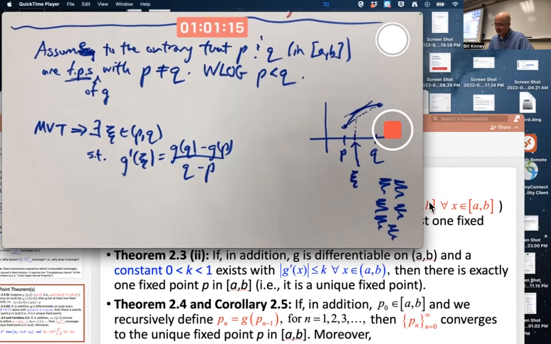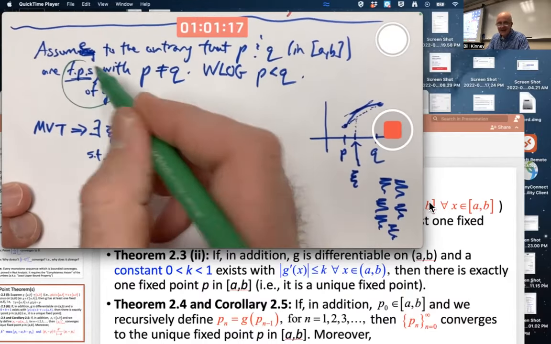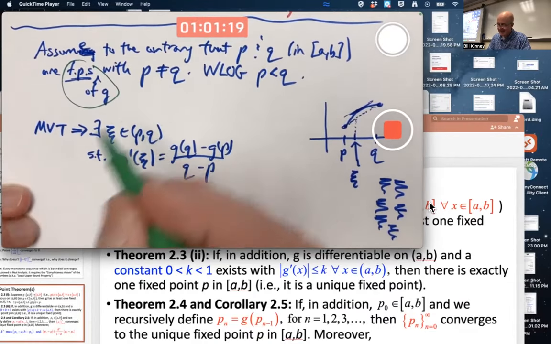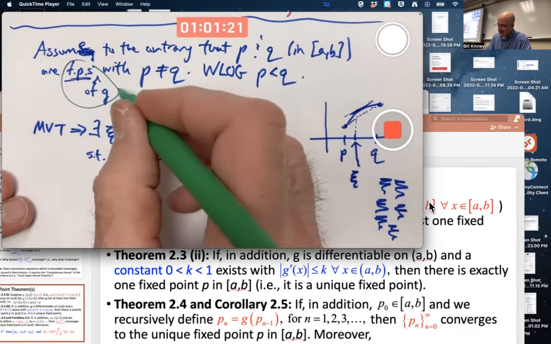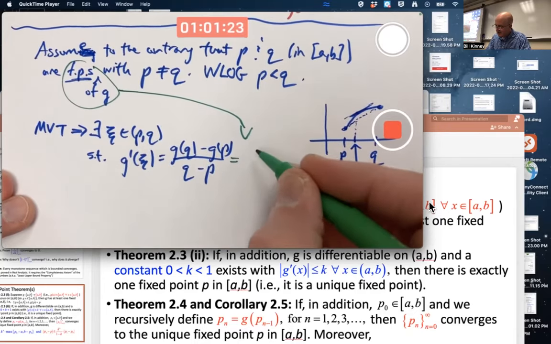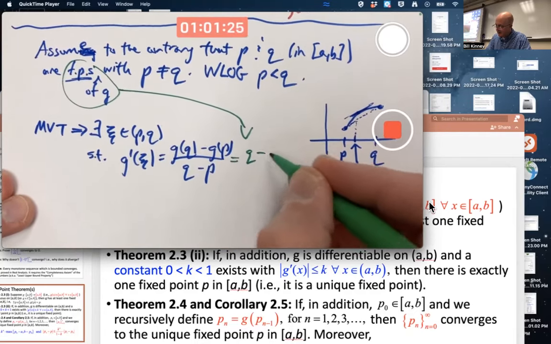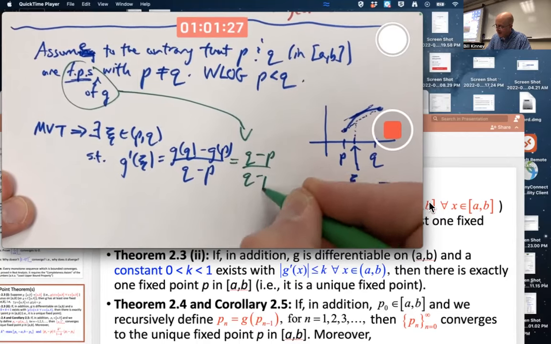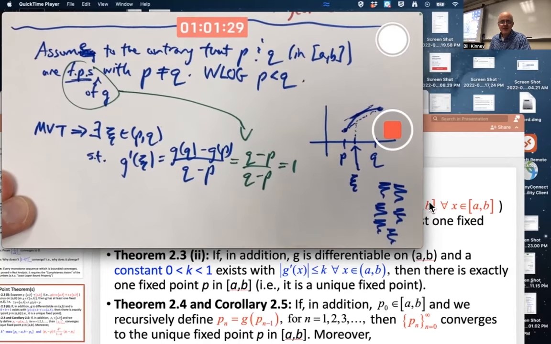Q and P are fixed points of G. That would mean G of Q equals Q, G of P equals P. This fraction equals 1. Right? They're fixed points.